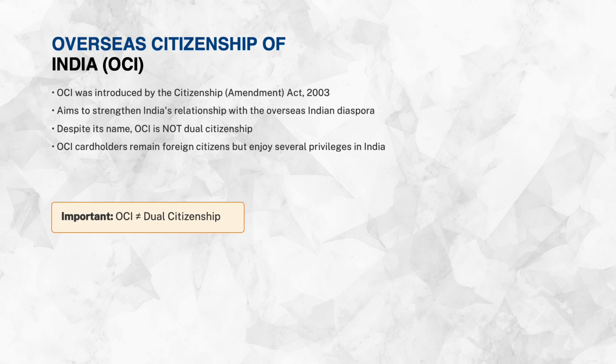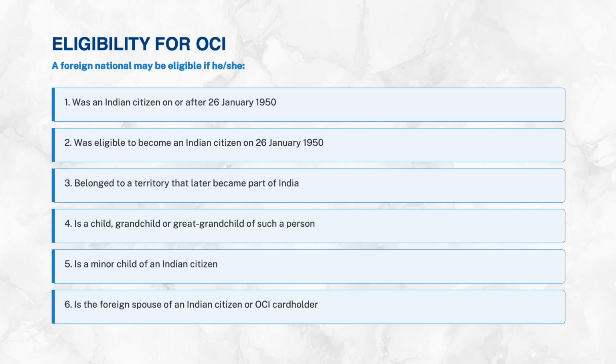OCI card holders remain foreign citizens but enjoy several privileges in India. They remain foreign citizens. Very important point to note. Okay, so are we clear about OCI? Not Indian citizens, right? It was done to strengthen India's relationship. Important, OCI is not dual citizenship.